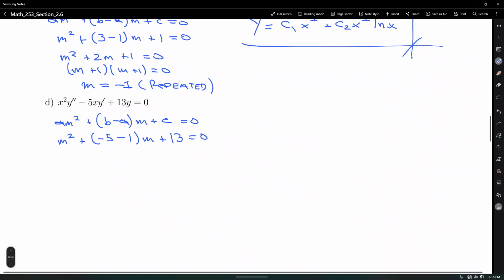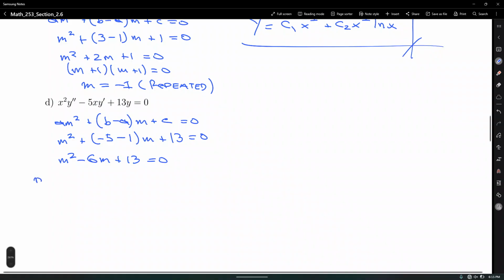All right. So this is m squared minus 6m plus 13 equal to 0. So the question here is, are there factors of 13 that add up to negative 6? So hopefully we can solve this problem by factoring. No, the only factors of 13 are 1 and 13 because it's a prime number and no combination adding or subtracting would give us negative 6, all right?